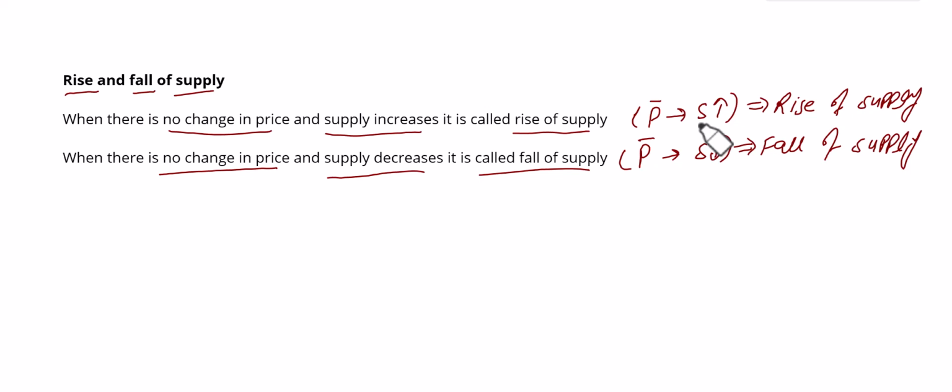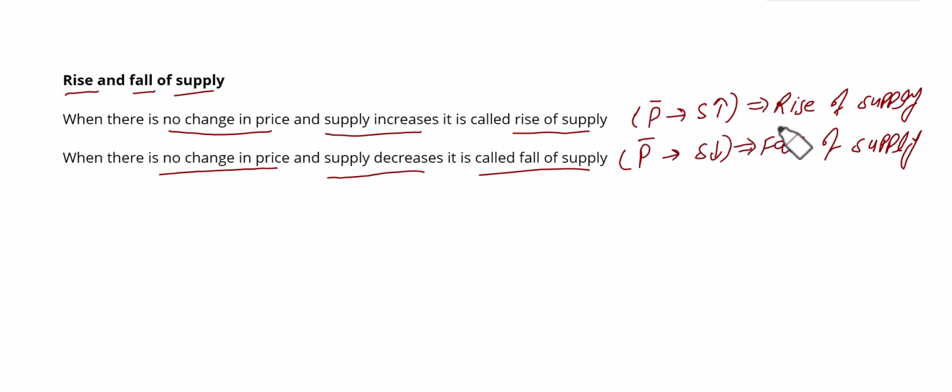So this increase in supply is not because of price level, but because of more producers in the market. Similarly, when a firm introduces a new technology, the new technology will help the producer to produce more goods, and when they are producing more goods, definitely they are supplying more goods in the market.